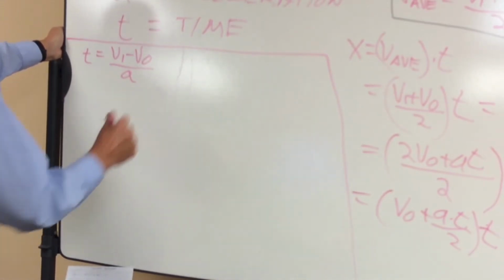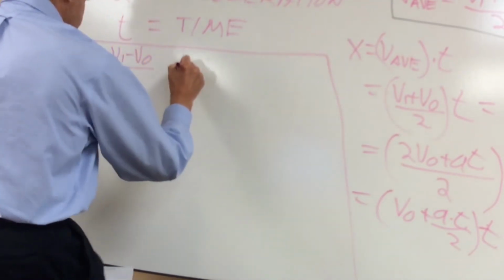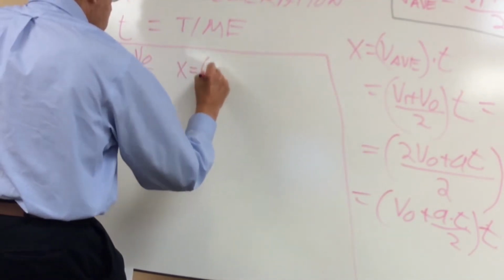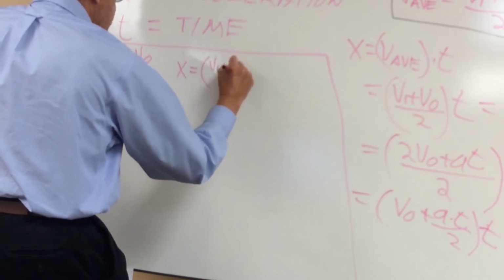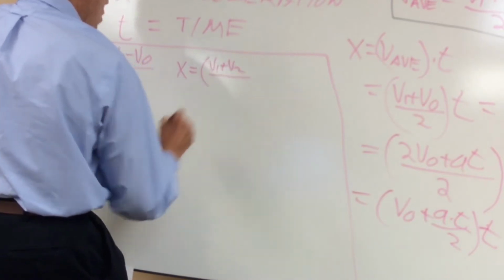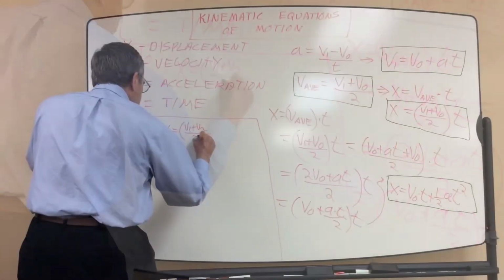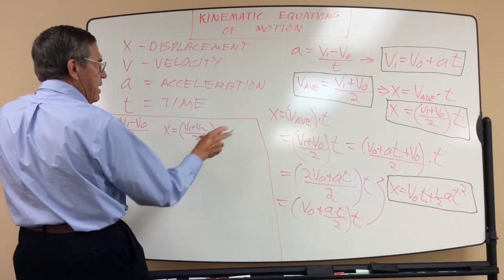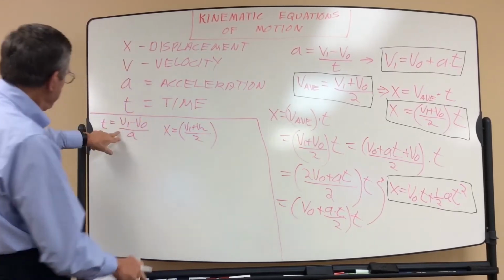Now I'm going to take my second equation, which was x equals v1 plus v0, all divided by 2, and then multiply that by t, which is what this is.